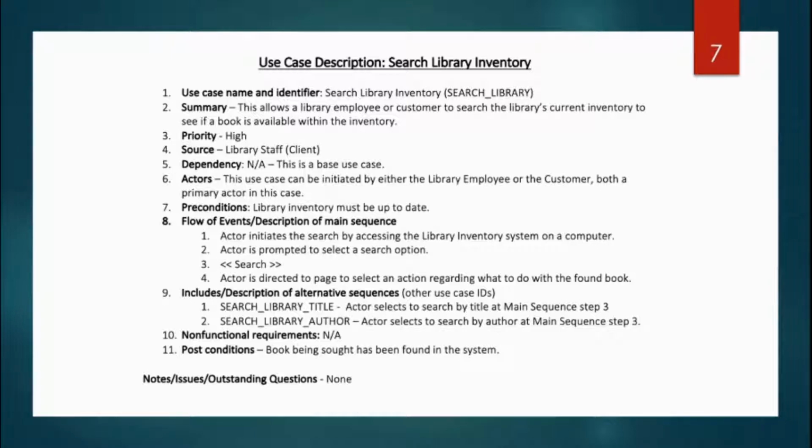It shows the actors that can initiate such use case as depicted on the use case diagram. So for example, this one can be enacted by the library employee or the customer, either or being a primary actor. Use case descriptions will also show if there are any preconditions before the use case can be enacted. And then it goes into a flow of events or a description of the main sequence.